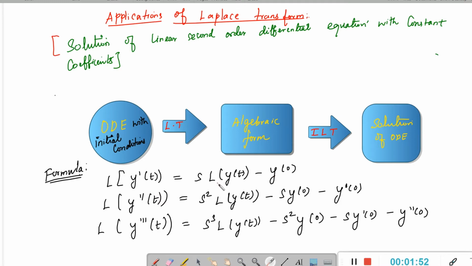Depending upon the problem, the notation for the dependent variable may vary. Instead of y, they will give x, y, u, like that. But you can apply the same formula. You have to apply it correctly. In this formula, I have taken y as the dependent variable and t as the independent variable. That means y depends on the time t.